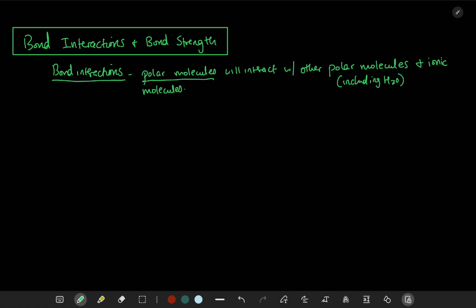The difference in electronegativity between the two atoms in the polar covalent bond gives rise to partial positive and negative charges across that bond, and those charges, intramolecularly or intermolecularly, will attract other molecules or other atoms within the same molecule. So we'll first talk about polar molecule with polar molecule. How does that happen?